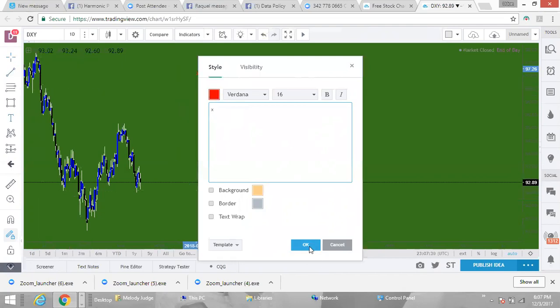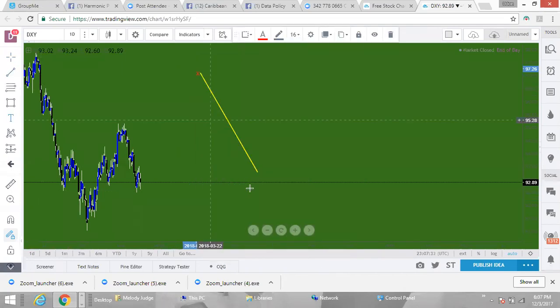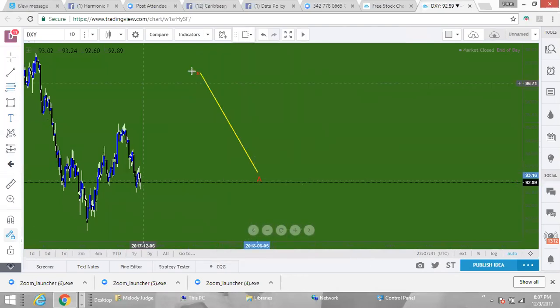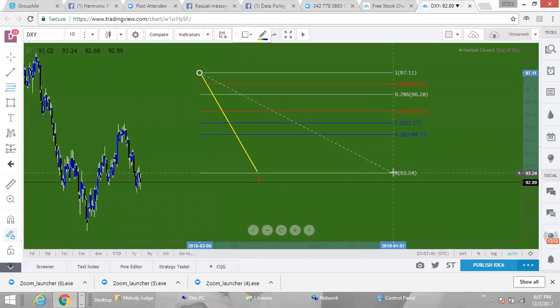The anchor leg will be labeled X to A. Then we'll be looking for the market to form a pullback or retrace back to a minimum of the 382.